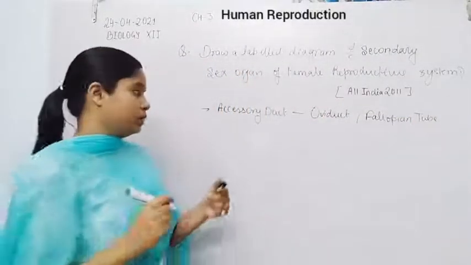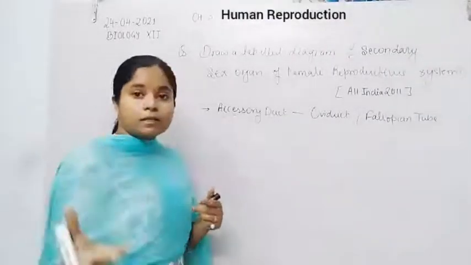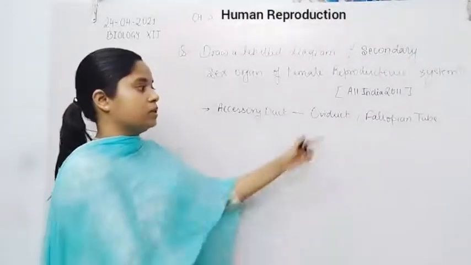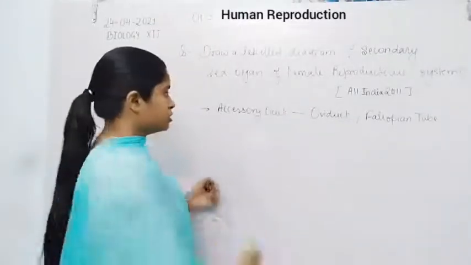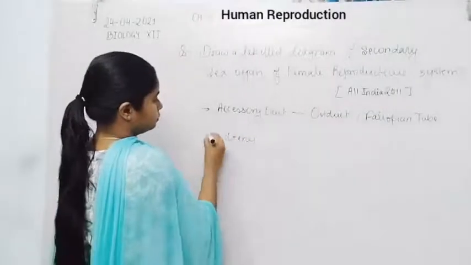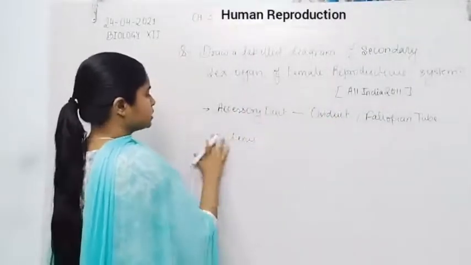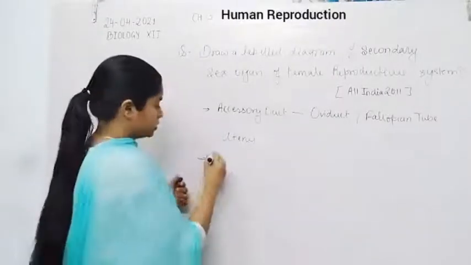After the accessory duct, there are accessory glands. The fallopian tube is linked with the uterus. So second is the uterus within the accessory duct.